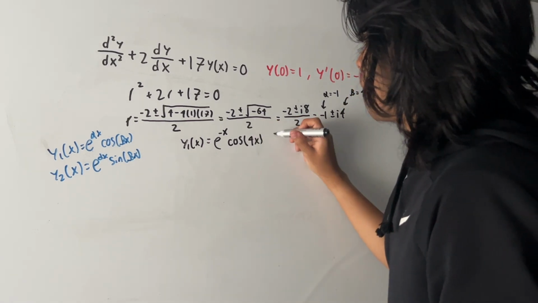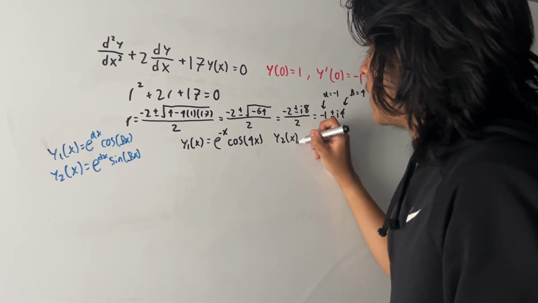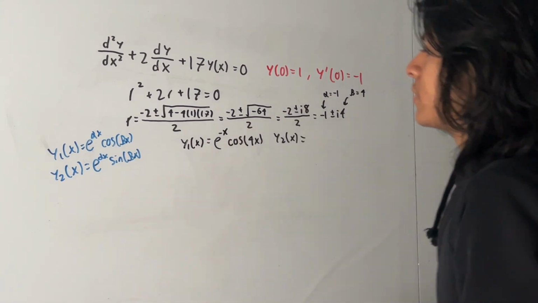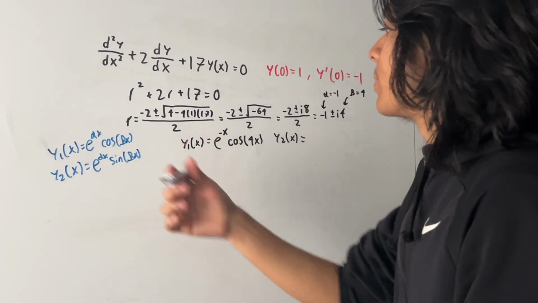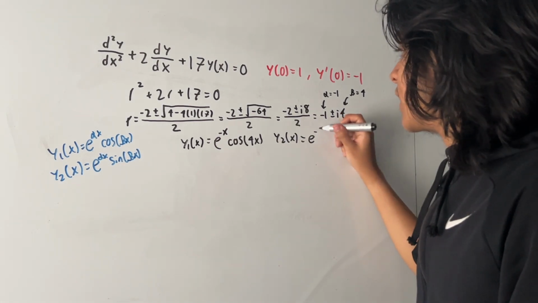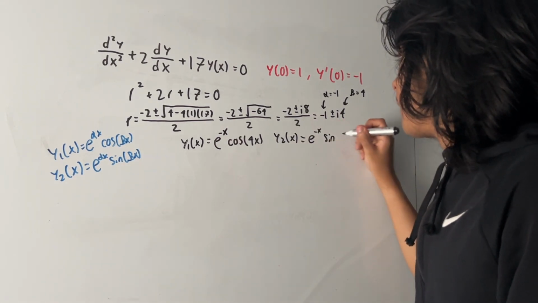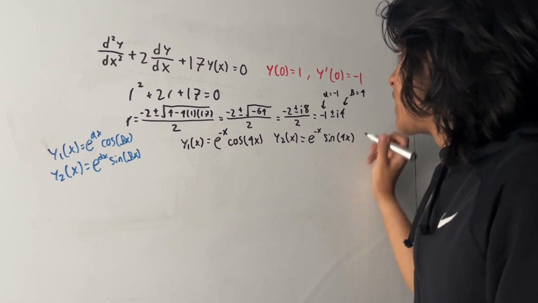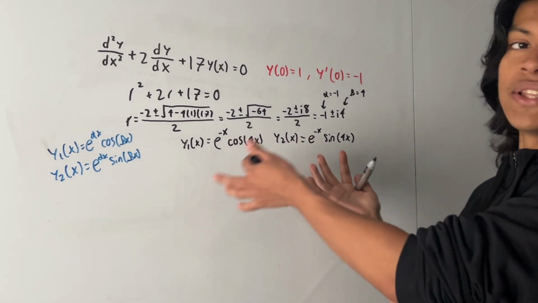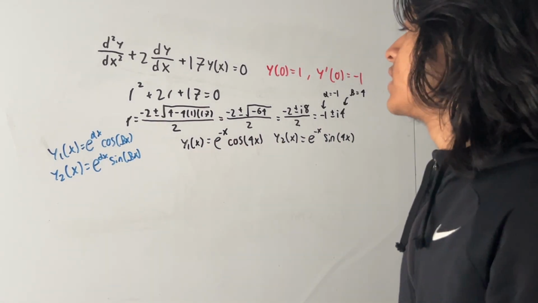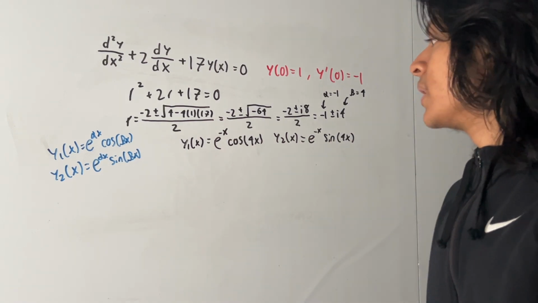And then our y2, same thing, just plug in alpha with alpha and beta with beta, we're going to get e to the negative x sine of 4x. So really the only thing that changes between these two solutions are the cosine and the sine.